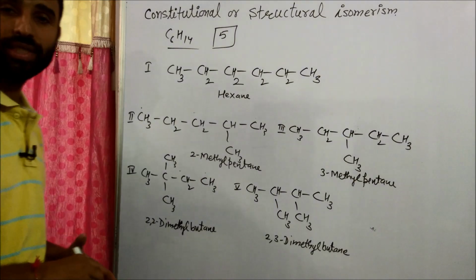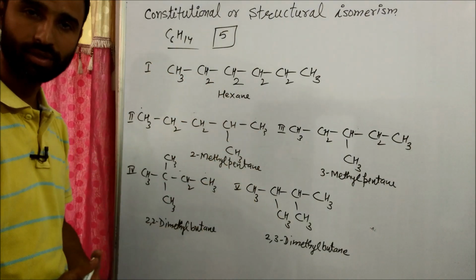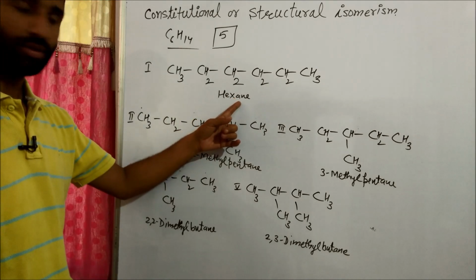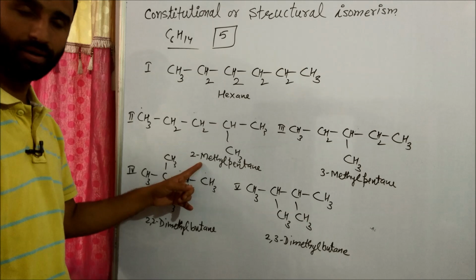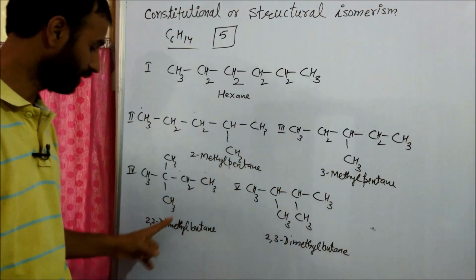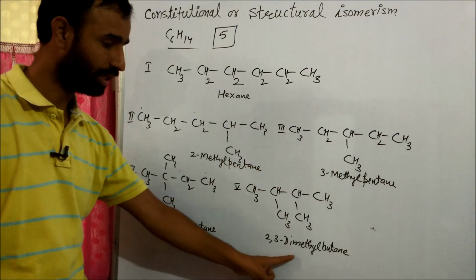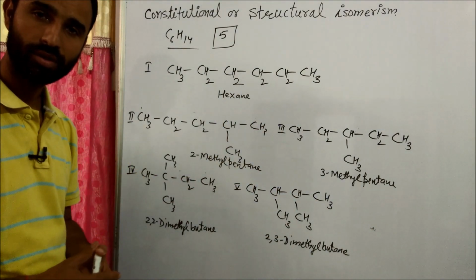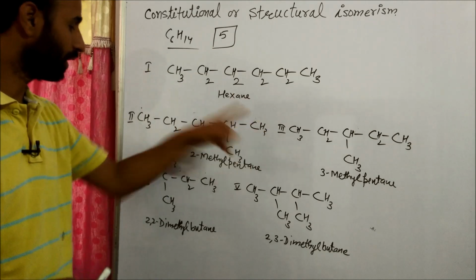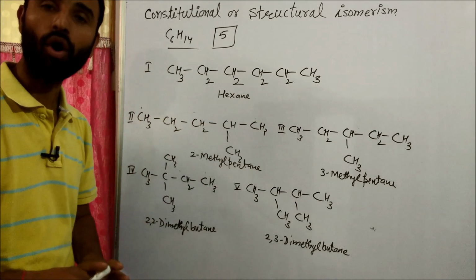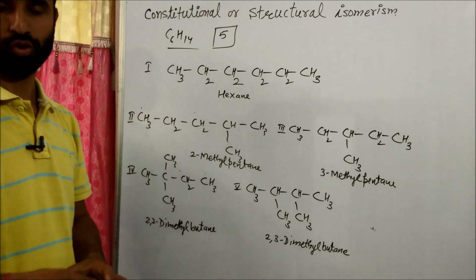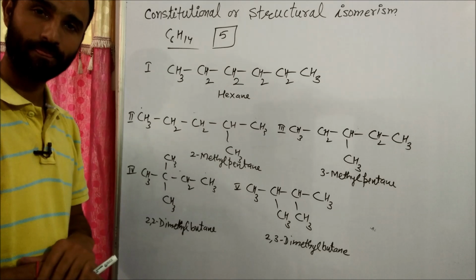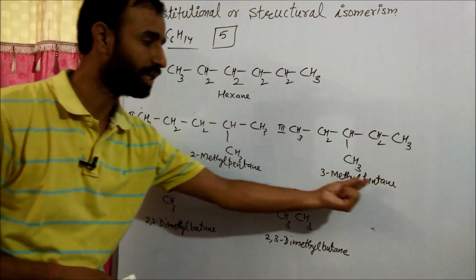So what is the relation between these isomers of C6H14? Hexane, pentane, 2-methylpentane, 3-methylpentane, 2,2-dimethylbutane, 2,3-dimethylbutane. 1 and 2, 1 and 3, 1 and 4, 1 and 5, all are chain isomers. But what about 2 and 3? 2-methylpentane, 3-methylpentane.